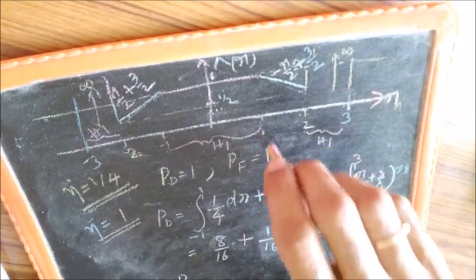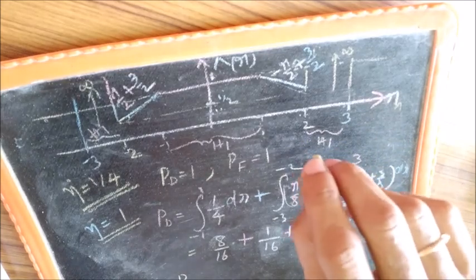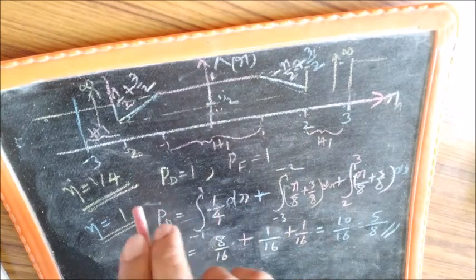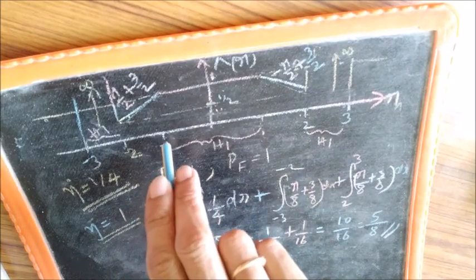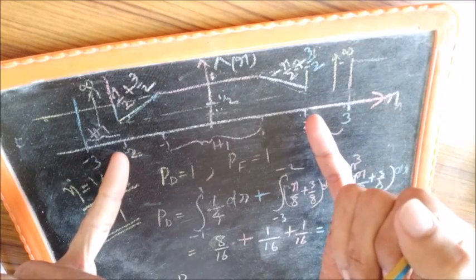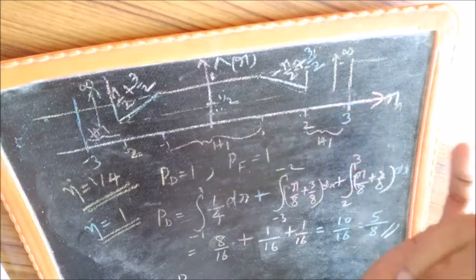The conditional density function of R when H0 is the true hypothesis is a uniform distribution from minus 2 to plus 2. So we need to worry only about the region minus 1 to 1, because when H0 is true, R will never be greater than 2 or less than minus 2.